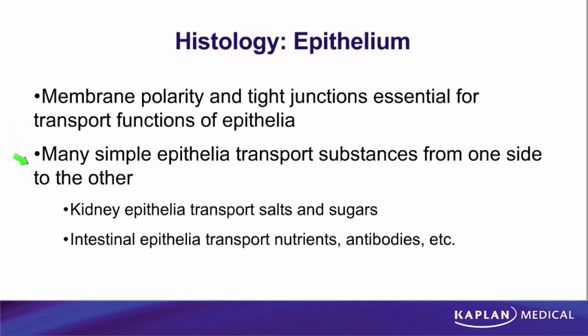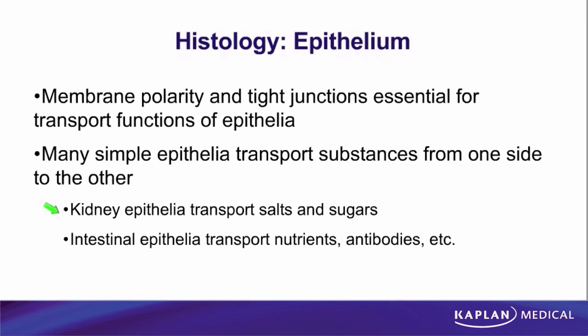The role of many epithelial cells is, as I said, transport of substances from one side of the cell to the other side of the cell. So, for example, if you have an epithelium lining a kidney tubule, then the function of that epithelial cell may be to transport substances from the space containing urine to the tissue space.